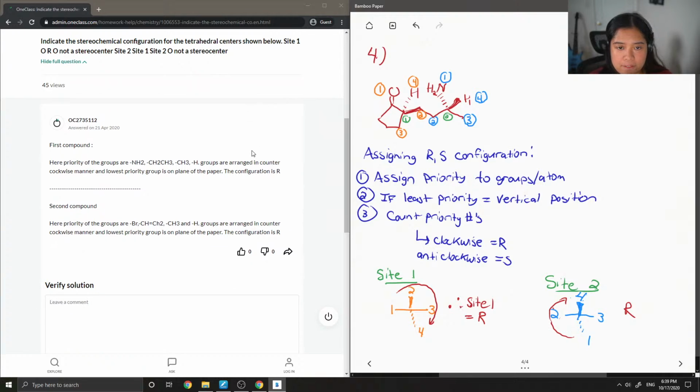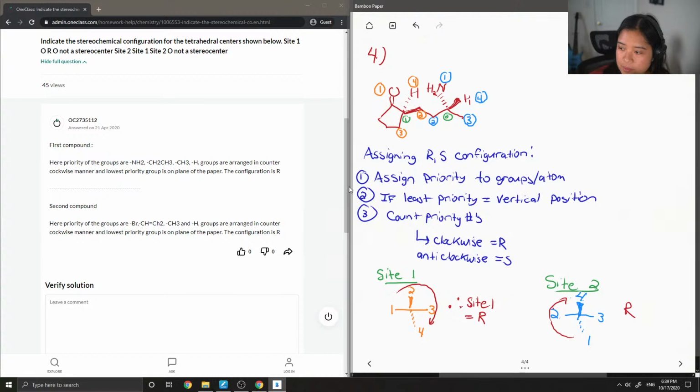Okay, so let's see the junior tutor's answer. Here the priority groups are NH2, ethyl, methyl, H. Counterclockwise configuration is R. So they got the same configuration. The reason they said that it goes in a counterclockwise manner is because it depends on where you put your least priority, like what position you put it in.